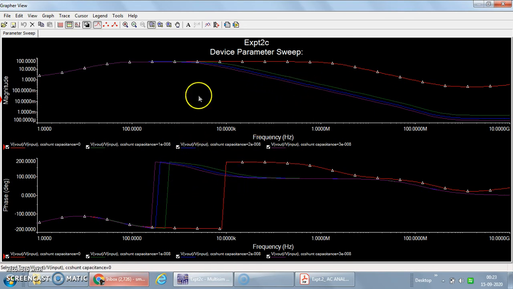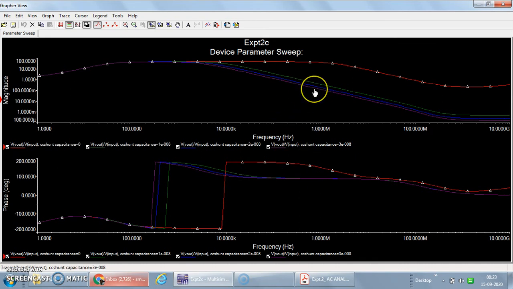This is the magnitude plot, this is the phase plot. The connection of the externally connected shunt capacitor also affects the phase plot. It means there is a variation in the phase shift value between the input and output waveforms, shown here in the phase plot.